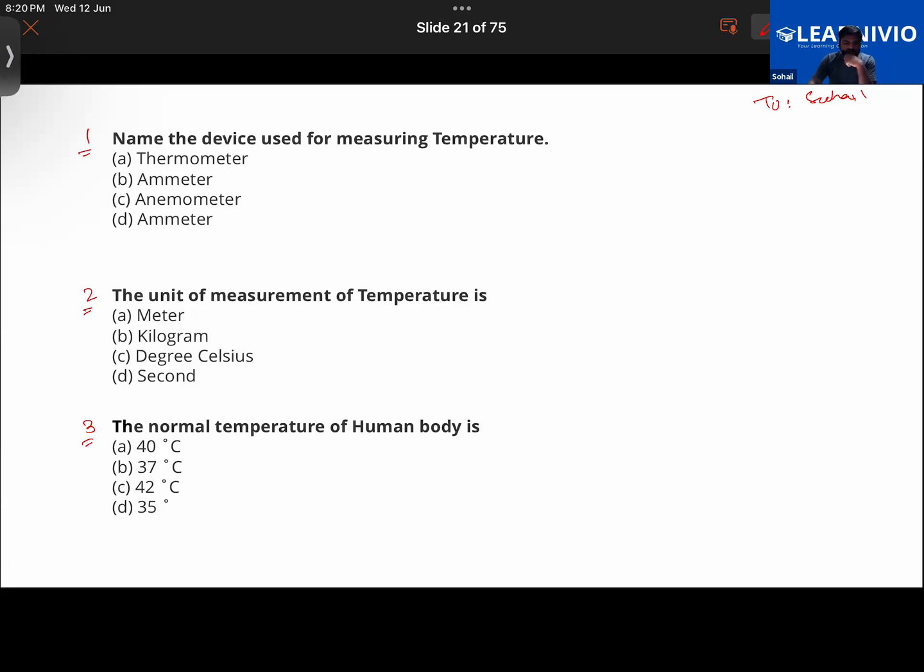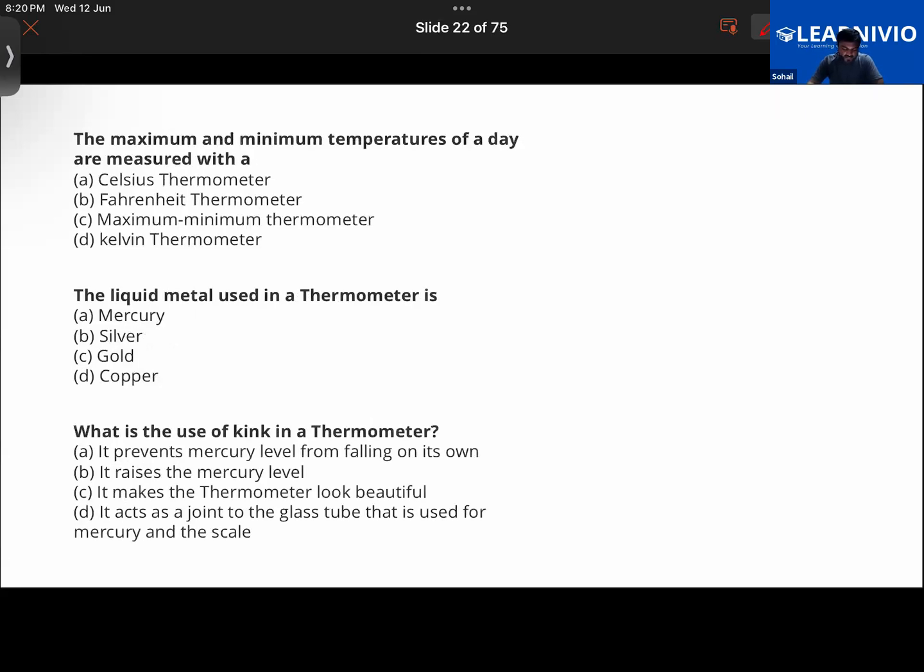That is degree Celsius. The spelling is also wrong. Anyways. And for the third one, it is 37 degrees Celsius. Very good. It was autocorrect. That's why the spelling was wrong. Okay, no issues.